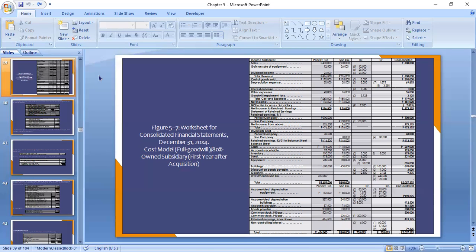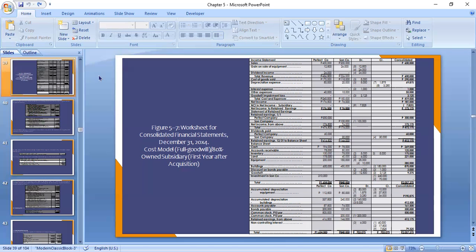The dividend income of the parent, then the subsidiary for adjustments. Anyway, we have the debits and credits for our dividend income, and it is eliminated for the credit minus the debit, because it is an intercompany dividend.